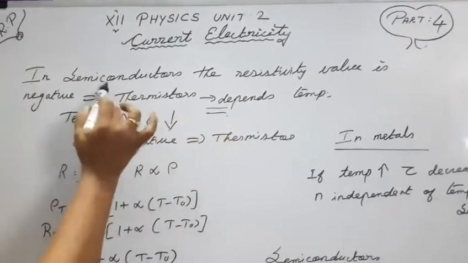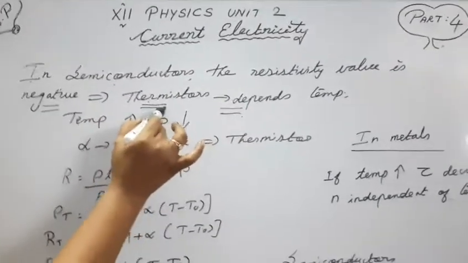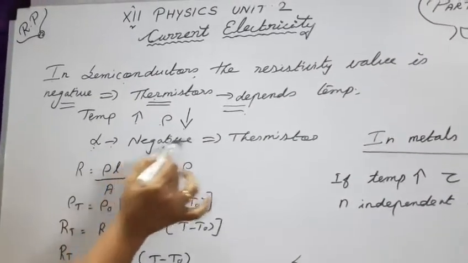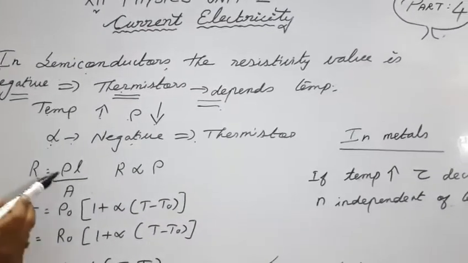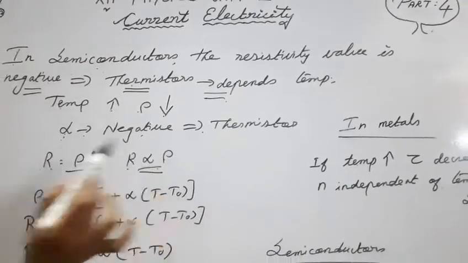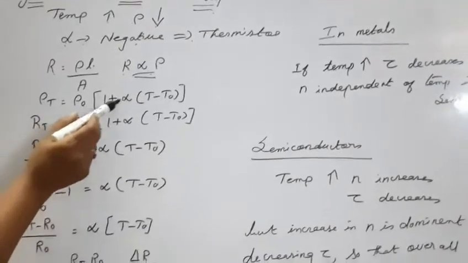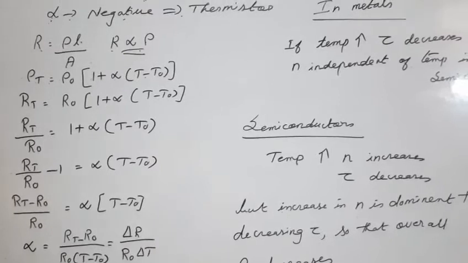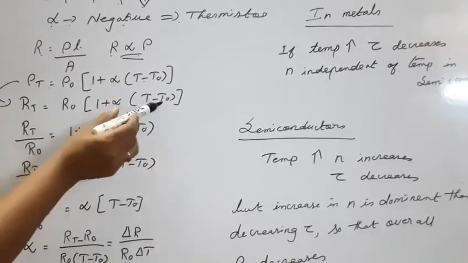A material whose alpha value is negative is known as a thermistor. Suppose we take R equals rho L by A, so R is directly proportional to resistivity, so that rho T equals rho naught into 1 plus alpha into T minus T naught. We change this equation to RT equals R naught into 1 plus alpha into T minus T naught.